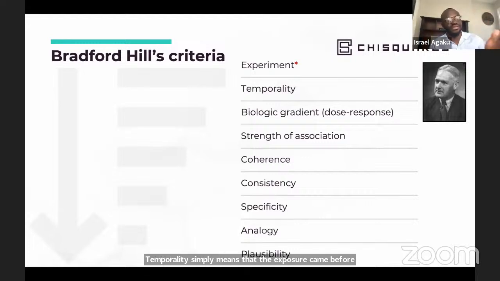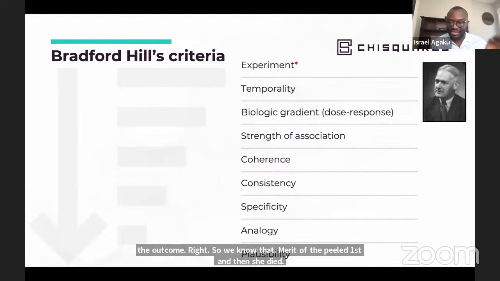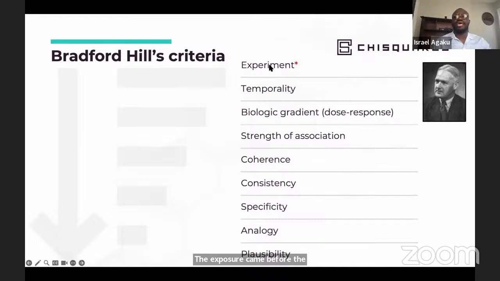So we know that Mary took the pill first and then she died. So the exposure came before the outcome. That's what temporality is. Experiment simply means that we can conduct experiments where we assign people to different things. Like we can assign some people to taking the pill and some people to not taking the pill, and we can see their death rates in the two groups, right?